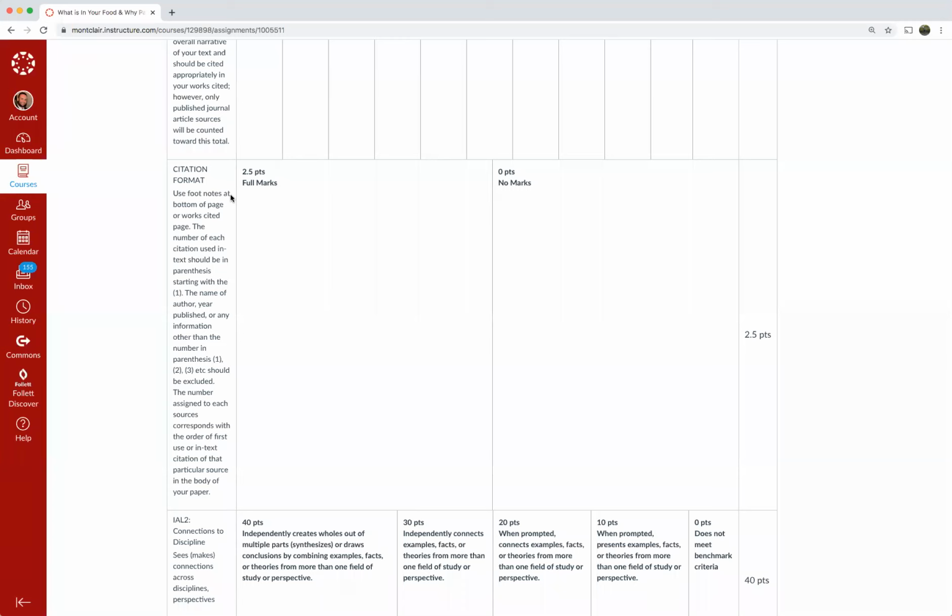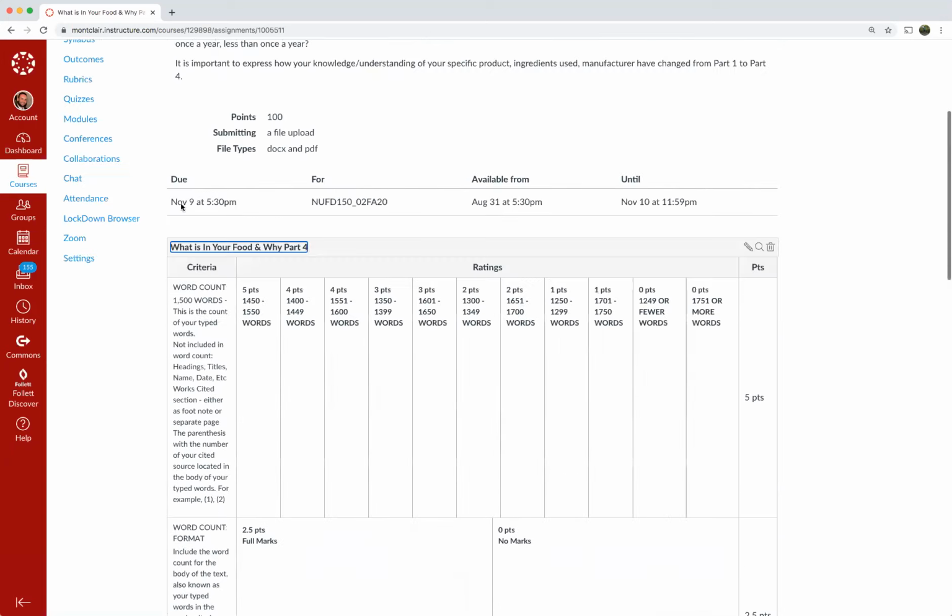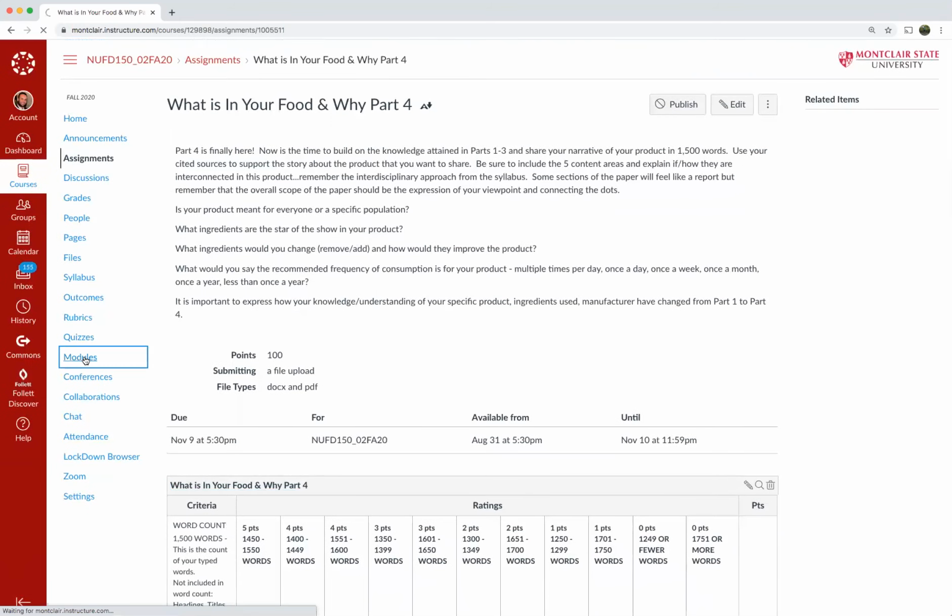So only use the numbers 1, 2, 3. If you're unsure how this format looks when you're citing in text, refer back to the research examples that were provided in the module.